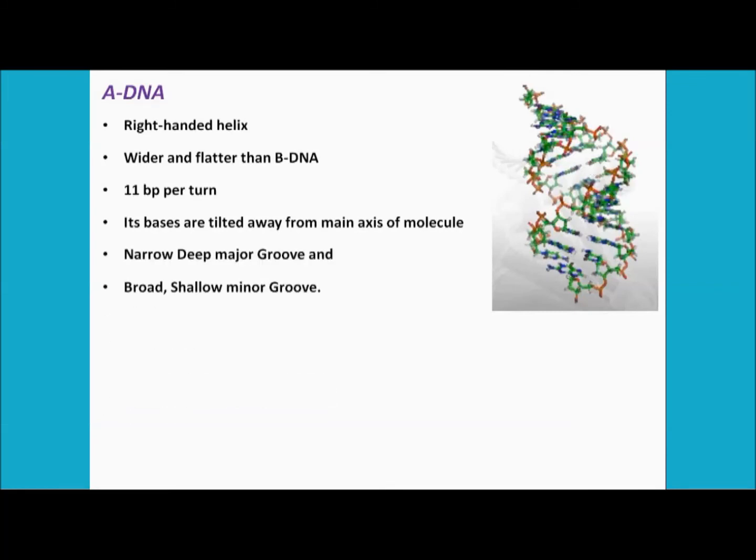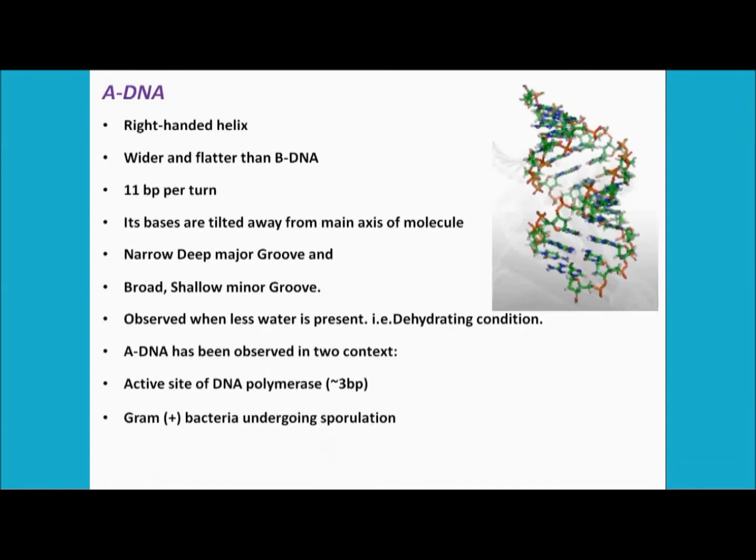In the A form you will find a narrow, deep major groove, whereas the minor groove is broad and shallow, right? A form of DNA is generally found in dehydrating conditions, meaning when the amount of water in the cell is less. A DNA has been observed in two contexts.